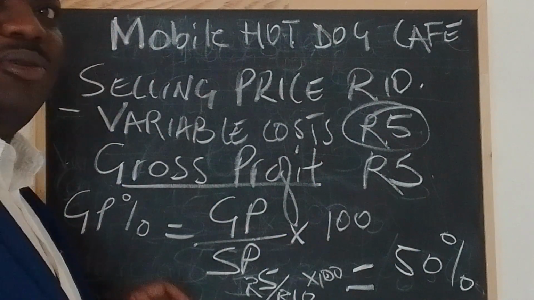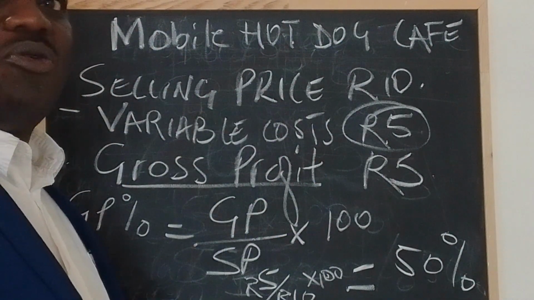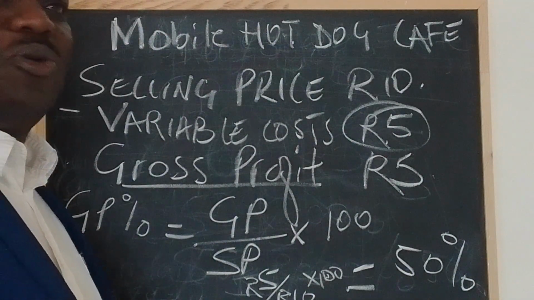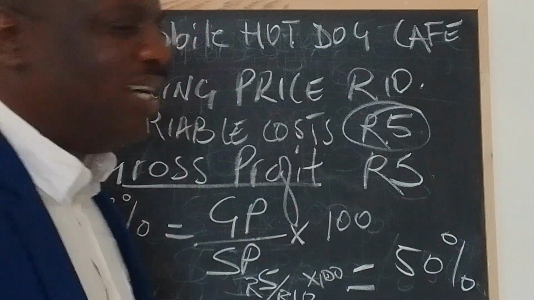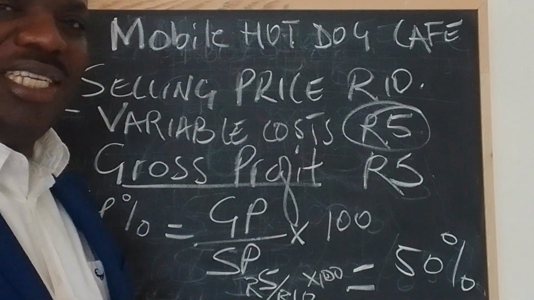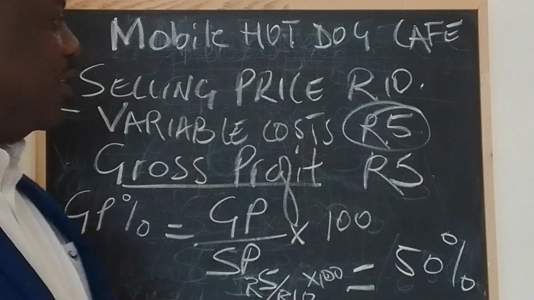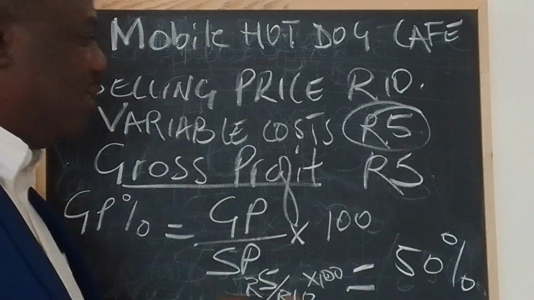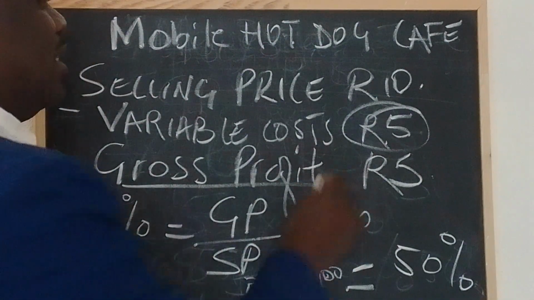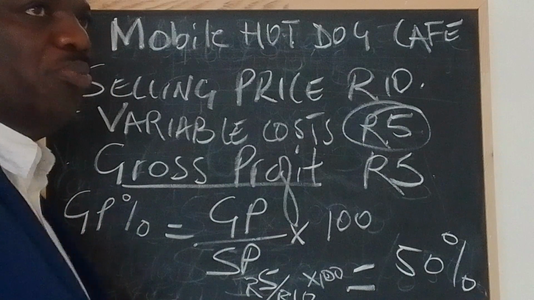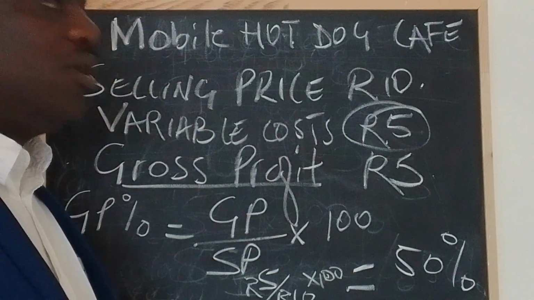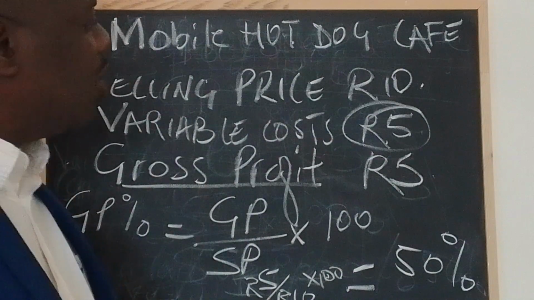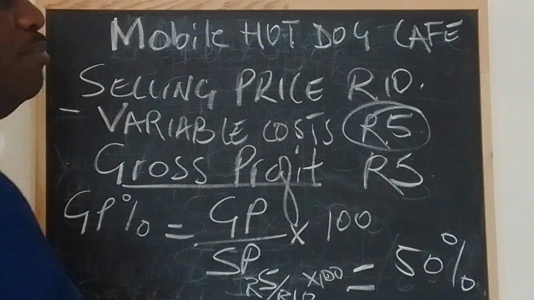If you are a farmer, you go and plow, but when you harvest, you must not eat all the harvest and the seed. You must leave the seed so that you can go back to the field to plow. The same principle applies. There is money for stock that you use to buy the ingredients, the hot dog bread roll, your sausage and your sauce.